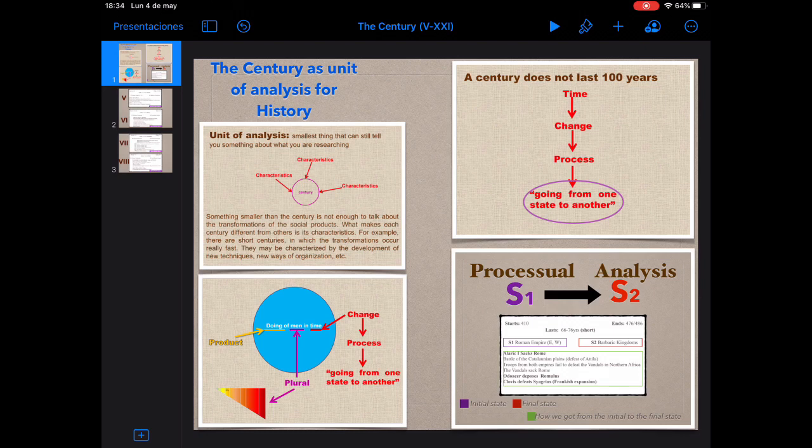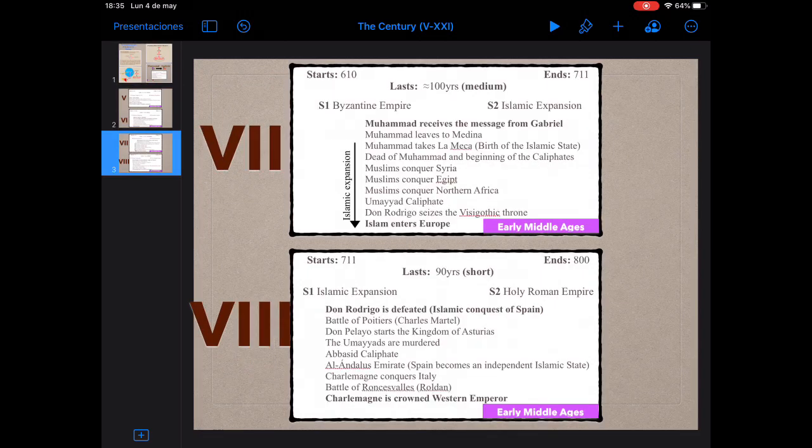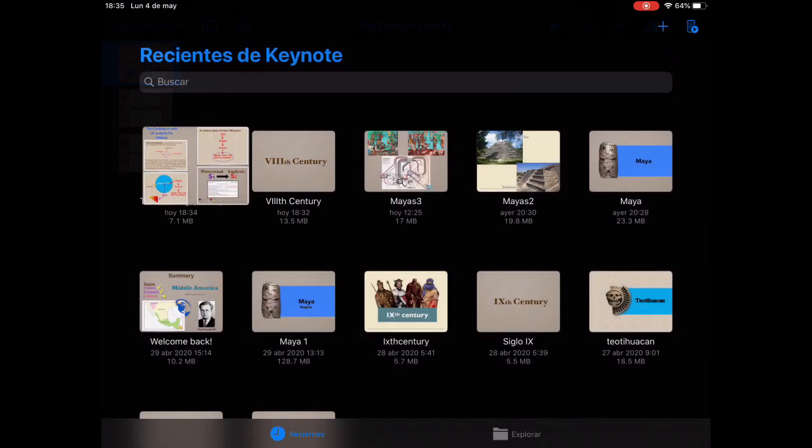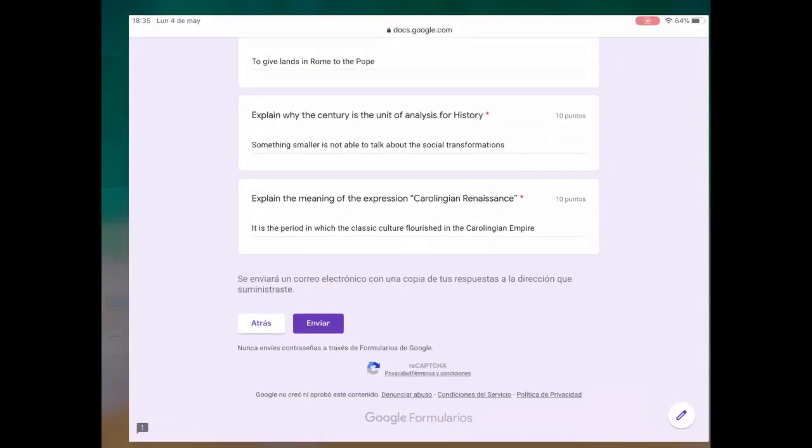You have it in EdVoice. You had to see it actually, your classwork from one of the previous weeks or 2 weeks ago. You had to watch that video that actually was a summary of these 4 centuries. You also had all your classes, of course, because you have the slides in Google Classroom. So you had all the information required to answer correctly this exam.